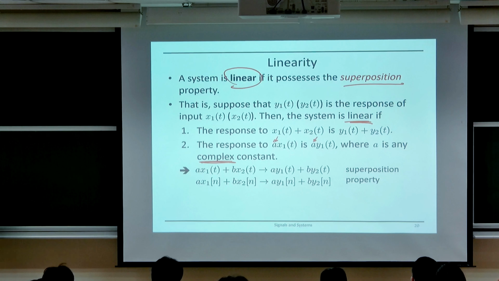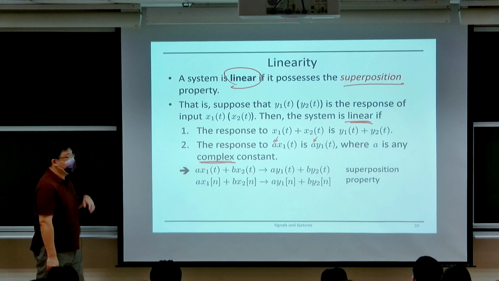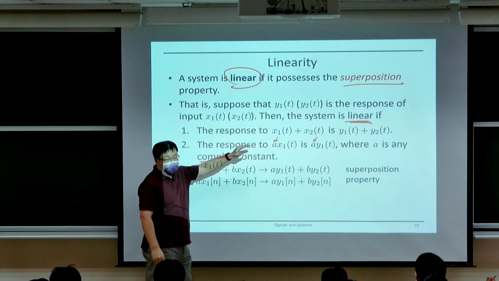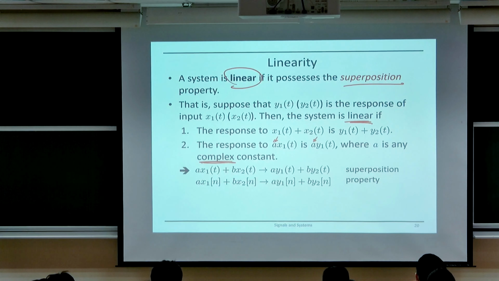So a system is linear, or satisfies the superposition property, if x1 plus x2 leads to an output equal to y1 plus y2. This is called the additive property.